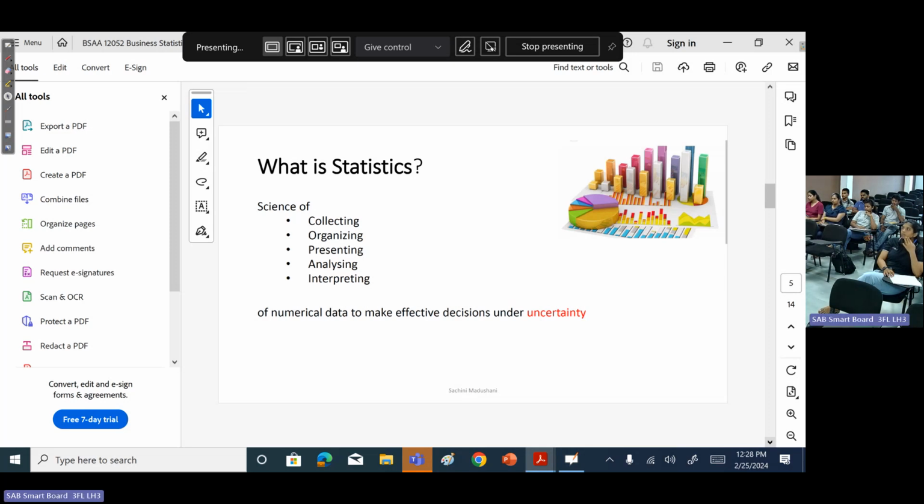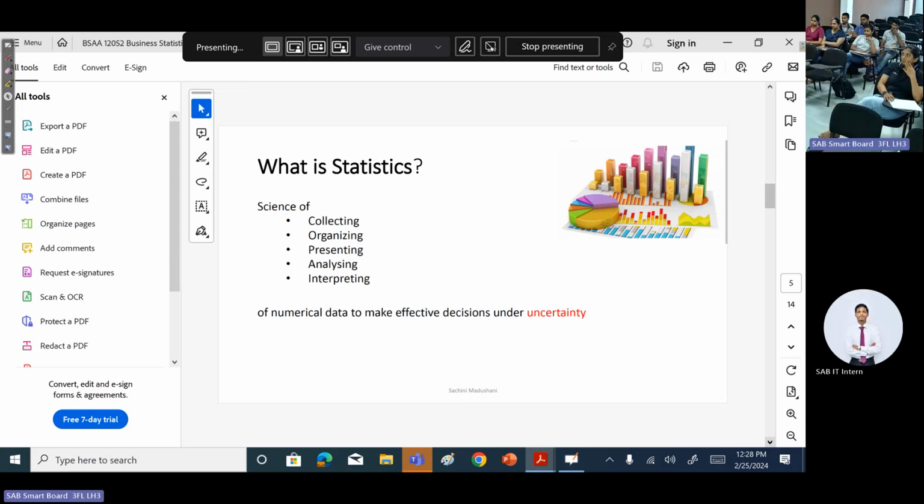Through this subject, you will study these 5 steps across different sessions. Then we can say statistics is the science of collecting, organizing, presenting, analyzing, and interpreting numerical data to make effective decisions under uncertainty.